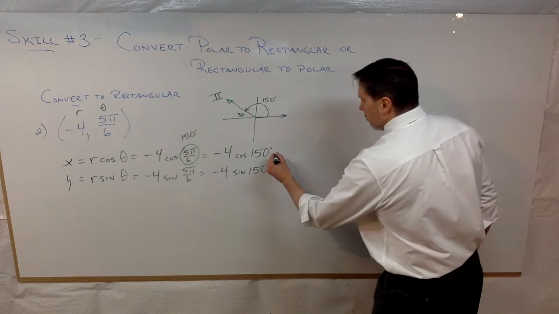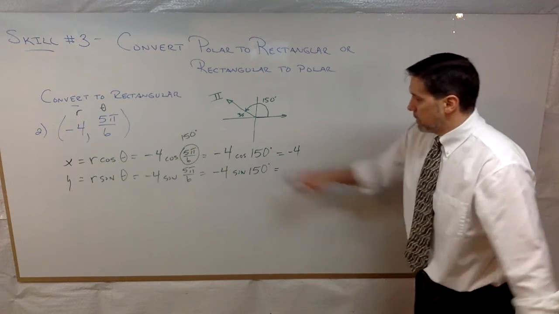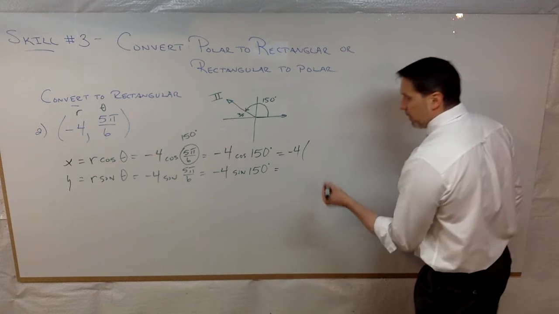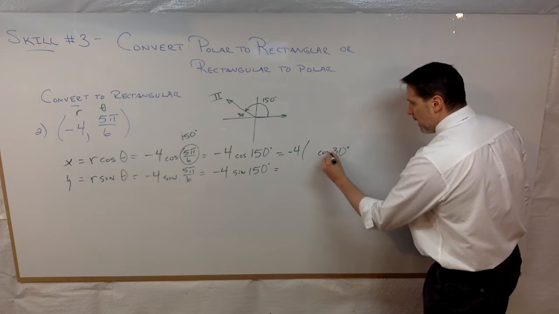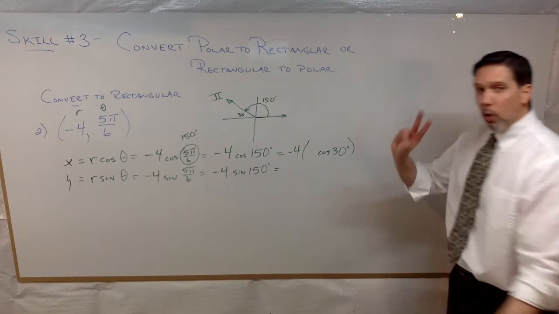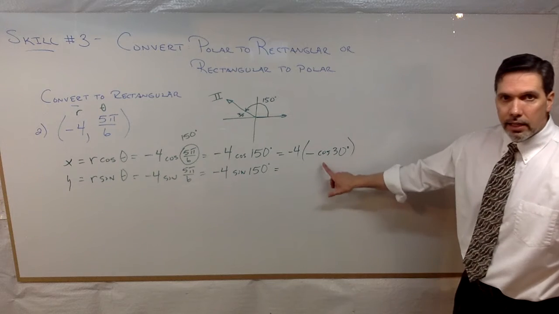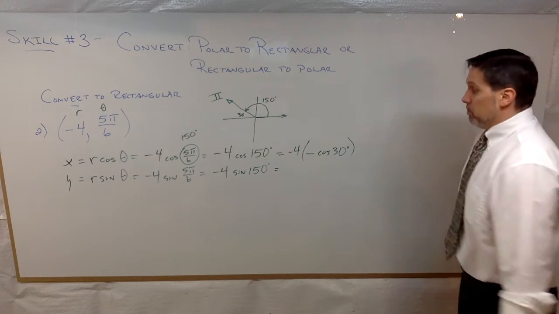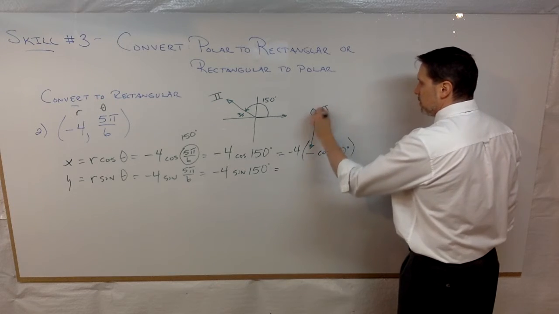So I'm going to rewrite these. It's -4 times the cosine of 150. Well, the cosine of 150 is no different than the cosine of 30, except for the fact that you're in quadrant 2, where cosine is definitely negative. That's important, so you might want to make note. That's because of Q2.